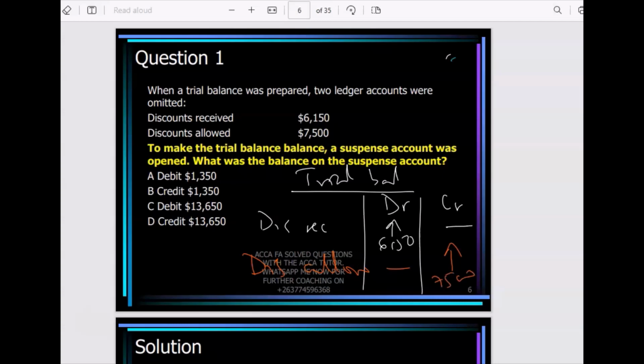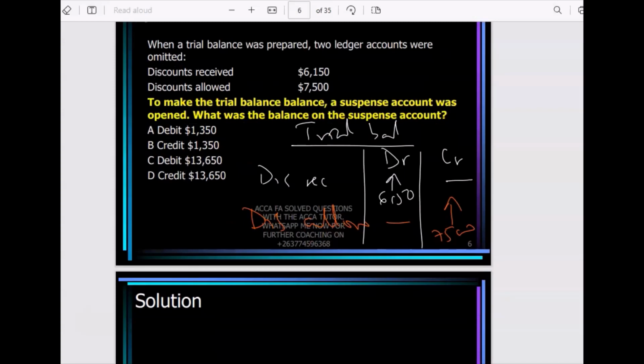7,500. However, like I said, if we want to input a suspense account, the suspense account is the difference of the two.